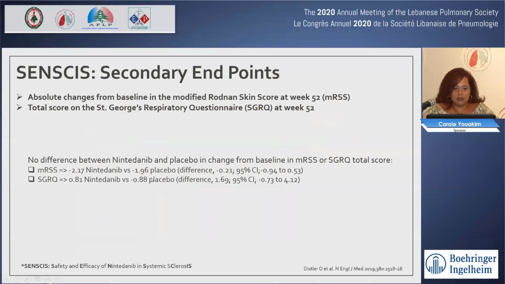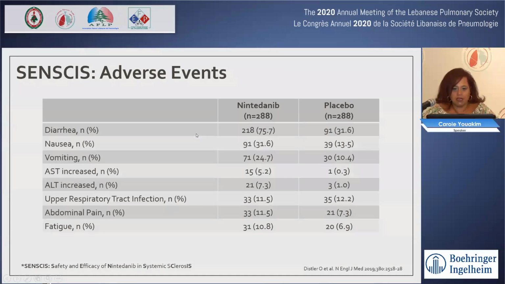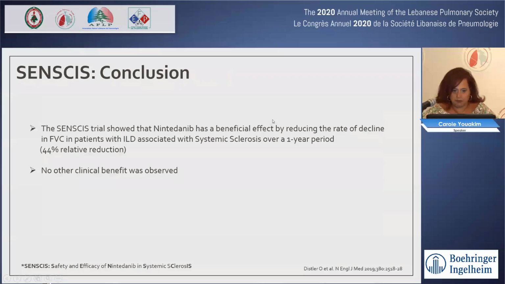Secondary endpoints, absolute change from baseline in the modified Rodnan skin score or St. George's Respiratory Questionnaire, no difference between nintedanib and placebo. Adverse events, mainly diarrhea and disturbed LFTs, were seen with nintedanib, and these are the side effects we are used to seeing with nintedanib in patients treated for IPF.